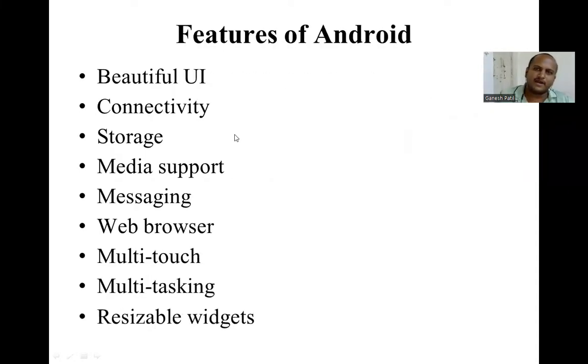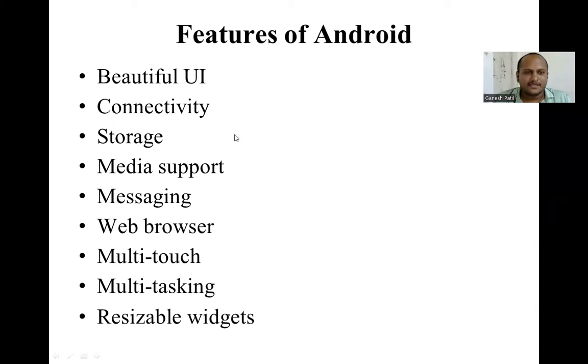Features of Android. This is the beautiful UI. UI means user interface. You start the mobile, you see all the applications like your gallery, phone dialer, Facebook, WhatsApp. Second thing is connectivity. Android can do the connectivity between the front end and back end. Front end means UI, back end means our database.